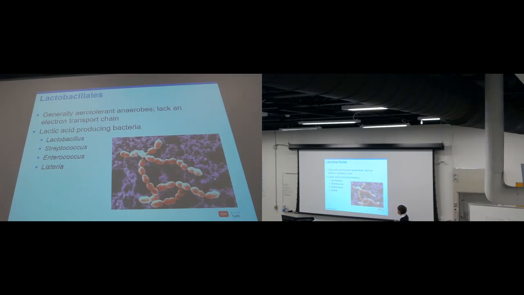And they are lactic acid producing bacteria, as I told you before. Members of these lactic acid bacteria will be Lactobacillus itself, so this is how it looks, Streptococcus, Enterococcus, and Listeria.